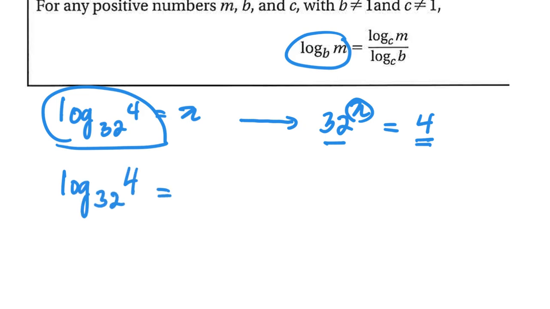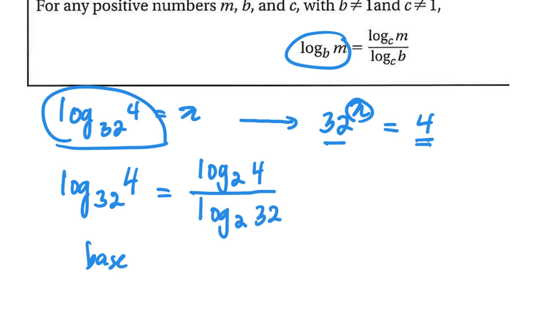This is now going to be equal to the log base 2 of 4 divided by the log base 2 of 32. I choose base 2 because of the 4. We can also use some other bases; we're going to check that out later.